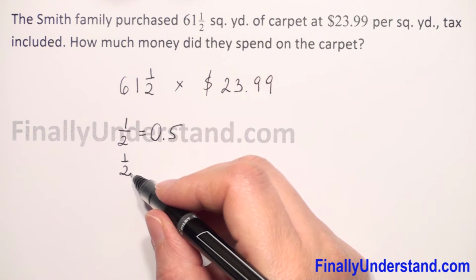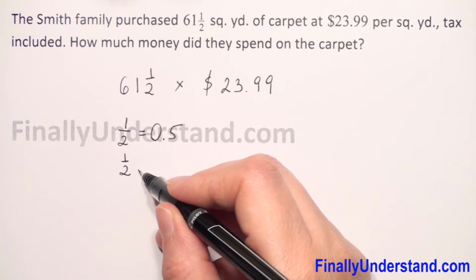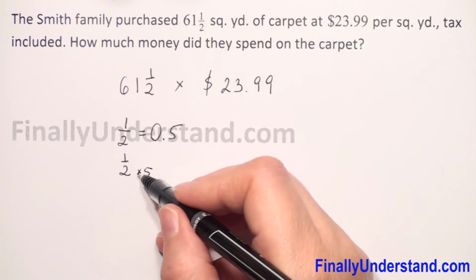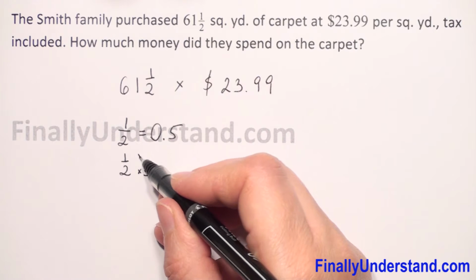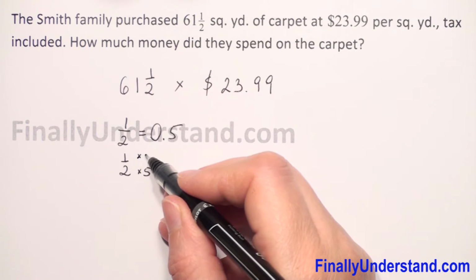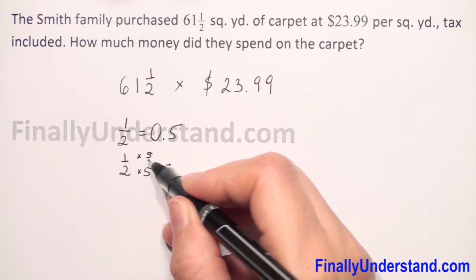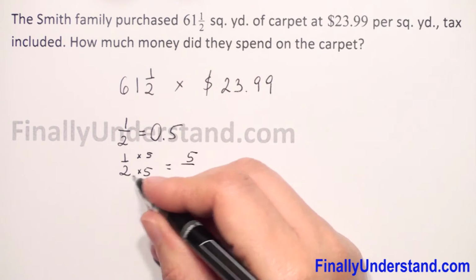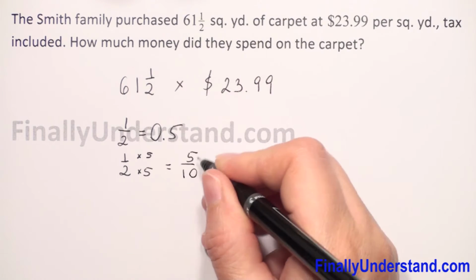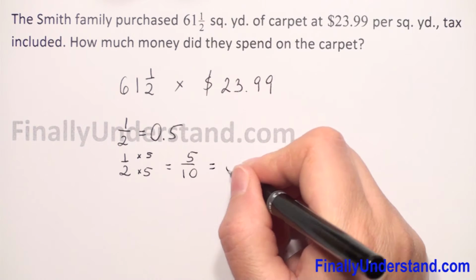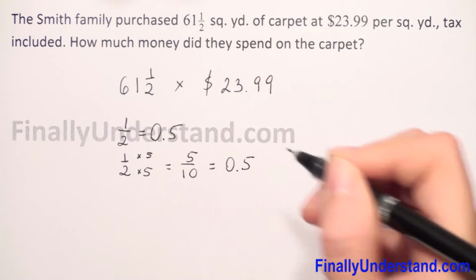When I multiply 2 times 5, whatever I do with the denominator, I have to do the same with the numerator. So it will be times 5. 1 times 5 is 5. 2 times 5 is 10. 5 over 10 is 0.5.